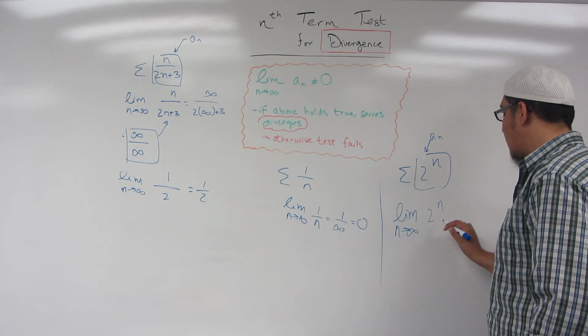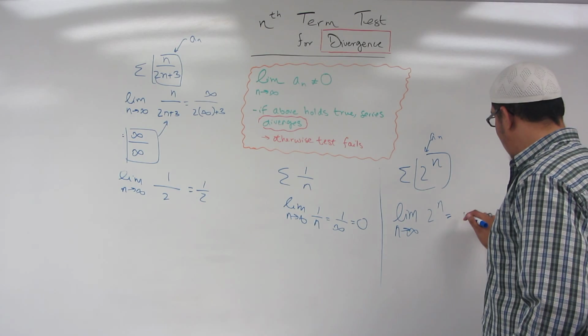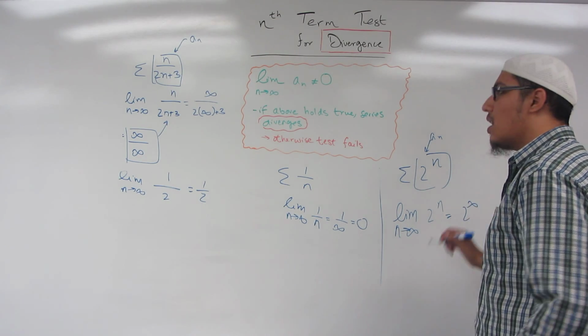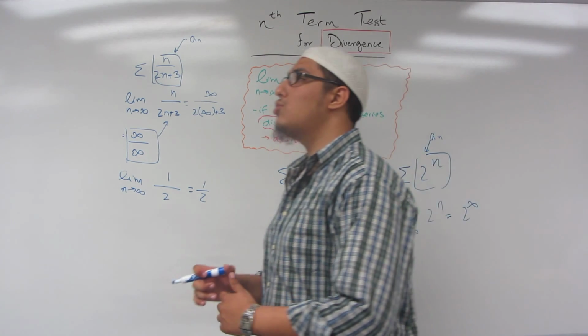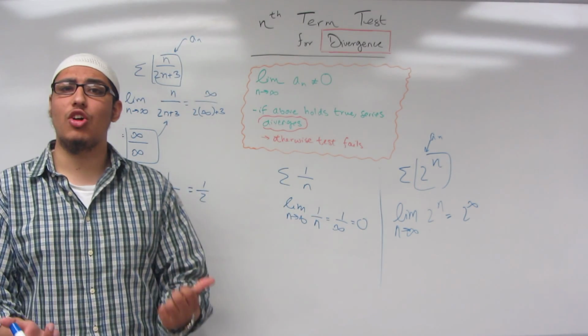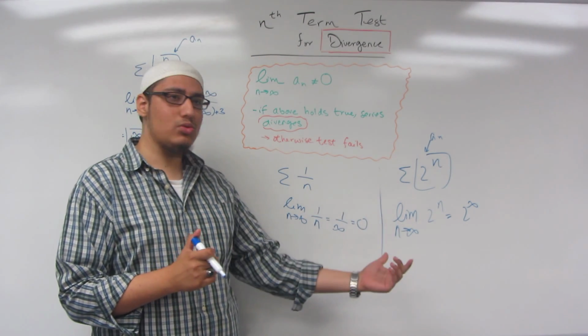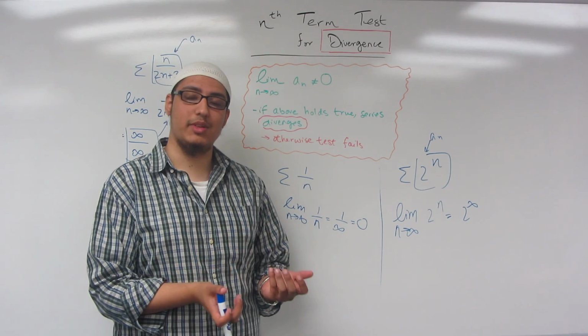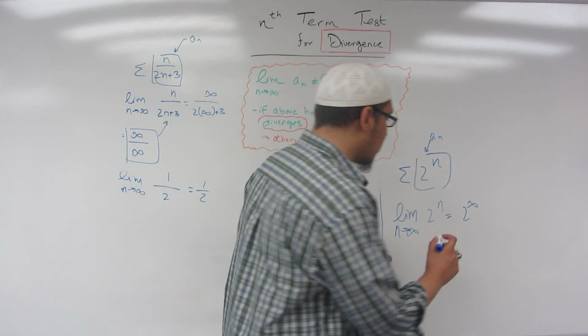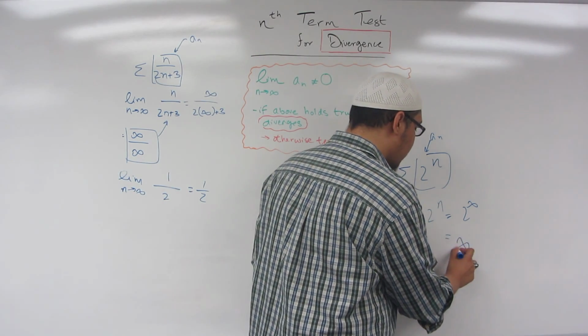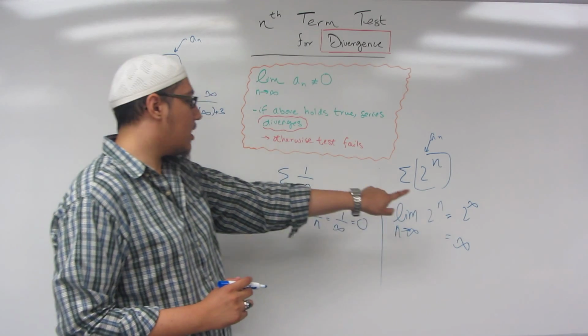All right, now let's substitute our infinity into there. We get 2 to the infinity. So in other words, we have 2 to an incredibly large power. So 2 to a really large power ends up just being a really large number. In other words, this just ends up being infinity as our answer.